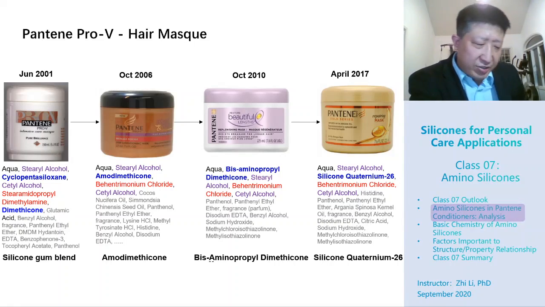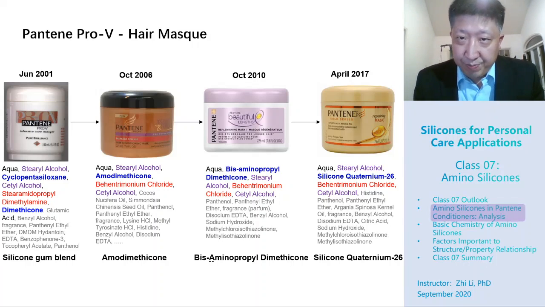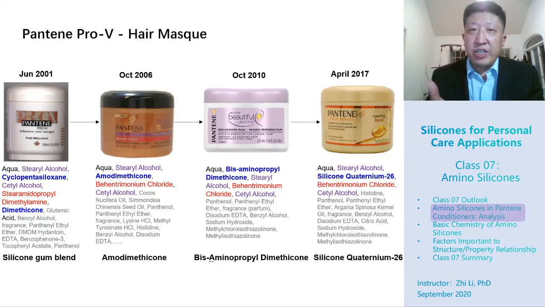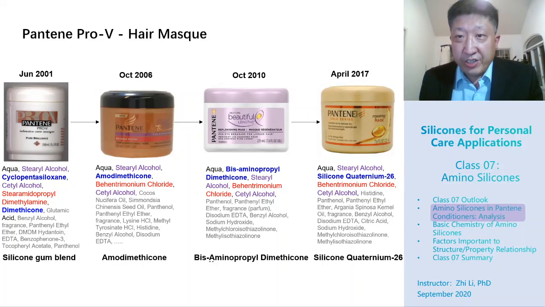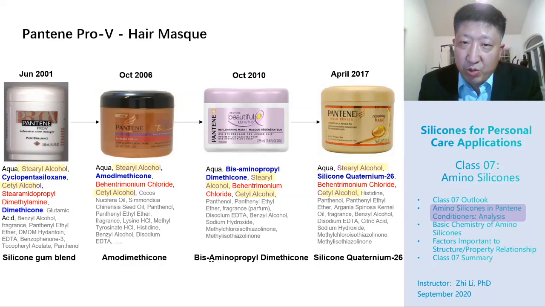All right, let's see what Pantene has been using and what type of formulation has evolved. I'm showing the evolution of the formulation ingredients within Pantene hair masks over the past 20 years, picking four different years they were on the market. First I'm highlighting the ingredients you recognize very well: cetyl alcohol.